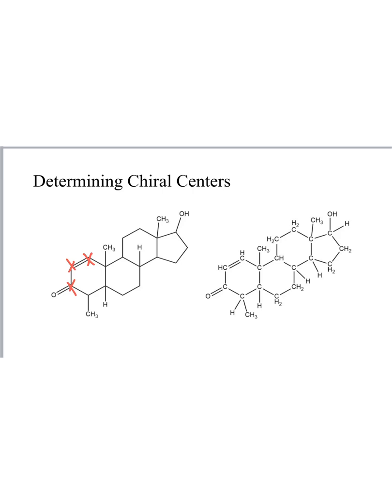As I look around the ring, oh, I should have a hydrogen here. I should have a hydrogen here to make sure that that carbon has 4 bonds. So this carbon has 4 unique substituents, branches off of that carbon. The same can be said for this carbon. This carbon as well, it's got 4 unique substituents.